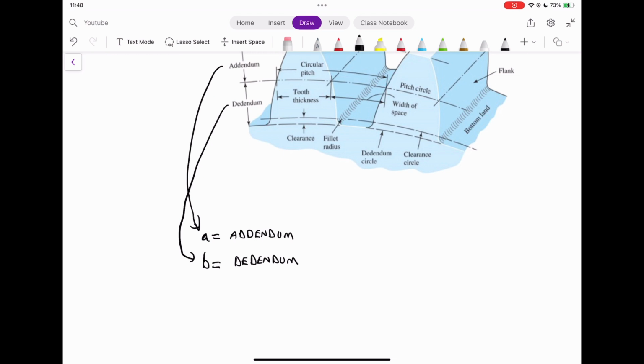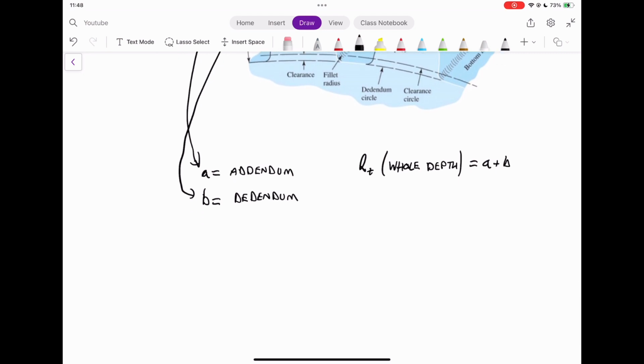And then we can say that h sub t, or the whole depth, or h total essentially, is equal to a plus b. And we can rearrange that equation to say that a, for example, is equal to ht minus b. So if we know the addendum, we can find the dedendum from the whole depth of the tooth.